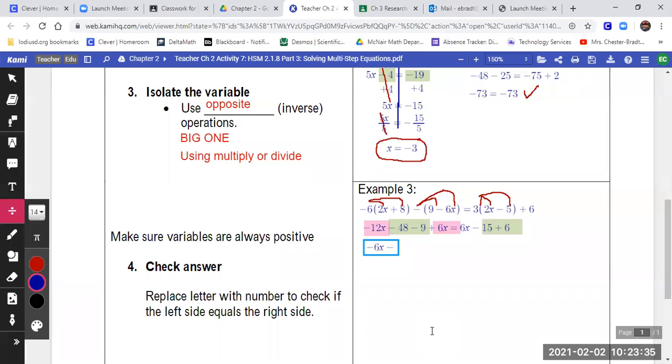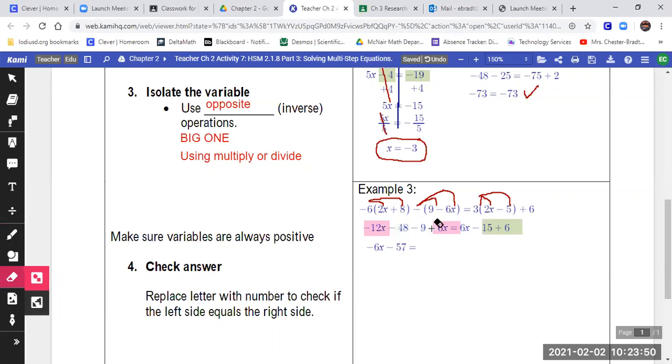What is 48 and 9 get us? 57. Thank you. All right. I apologize for that mess up that made it a little weird to look at. I'm going to fix my shading here so it's more accurate, because once I took stuff out, it misaligned things.